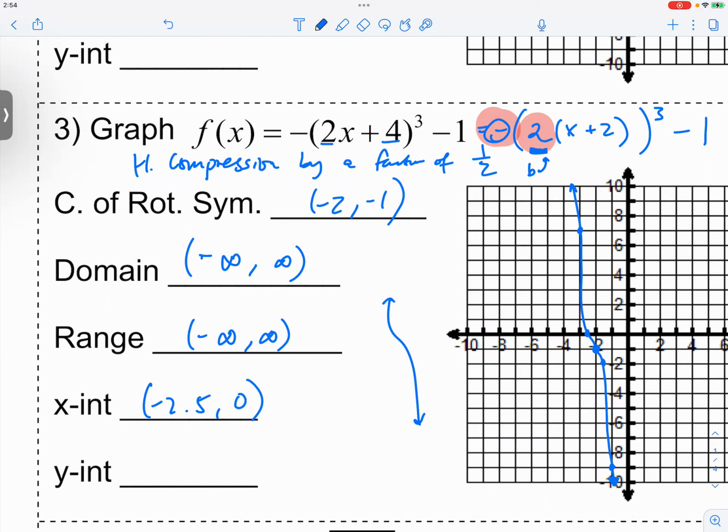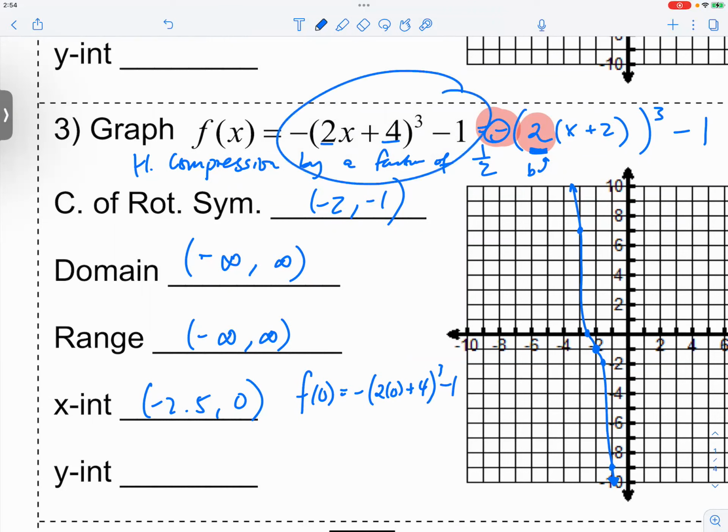Now, in regards to the y-intercept, it would be found by putting 0 into the x. Okay. Now, some students ask, do we put the 0 into this equation or this equation? The answer is it doesn't really matter, as long as you did it correctly.